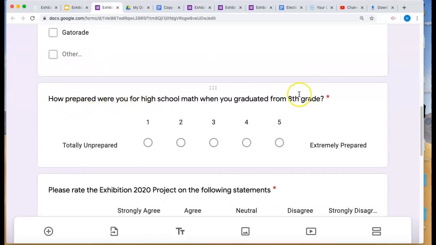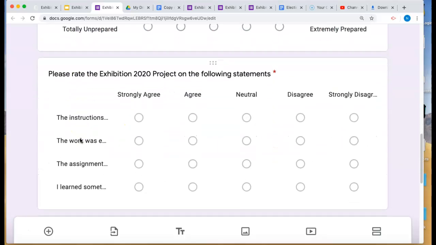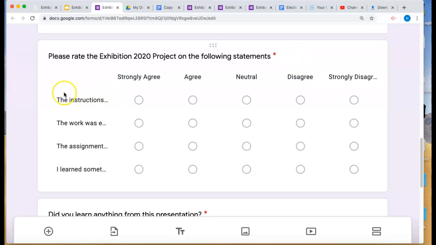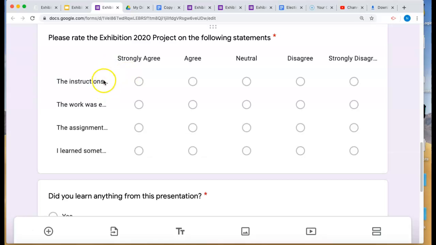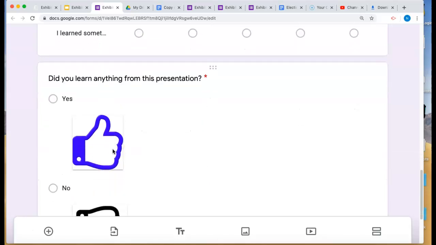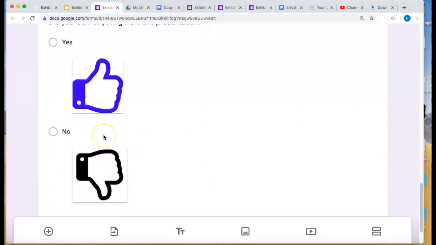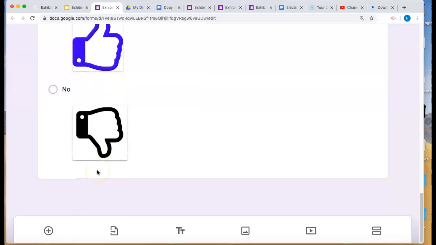We had a rating scale where they would rate their responses. We also had a stacked rating scale where we had several statements based on the same topic, and they ranked their level of agreement for each of those statements. And then we also had a yes/no structured response question.